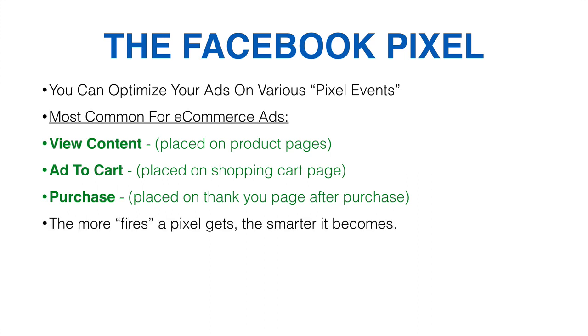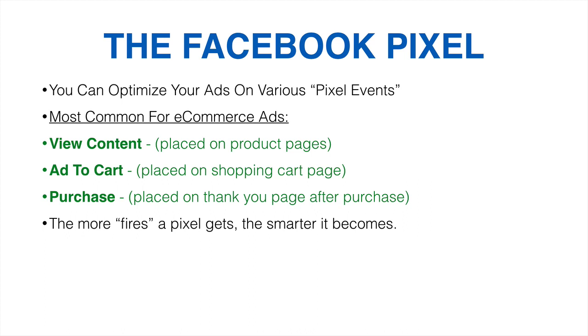The more fires a pixel gets, the smarter it becomes. So the more people that browse your site, the more people that add products to the cart, the more people that purchase, the smarter your Facebook ad becomes, and the more intelligently it starts optimizing for you. Clearly you're going to have more view content events, and faster, than add to carts and purchases, because this is just people that are browsing.